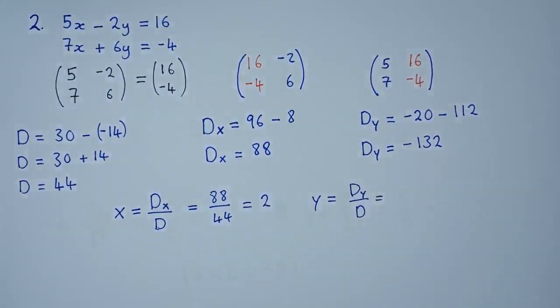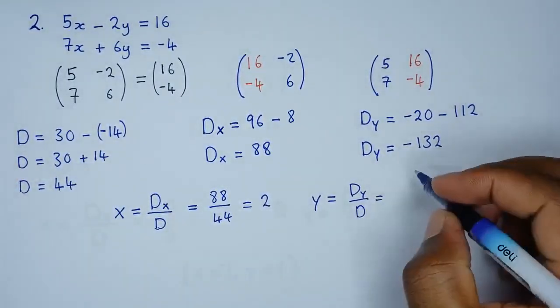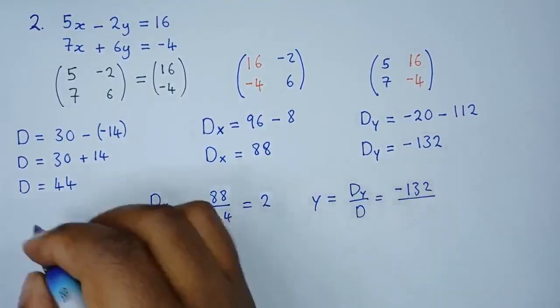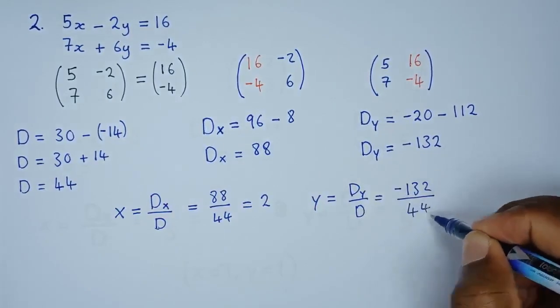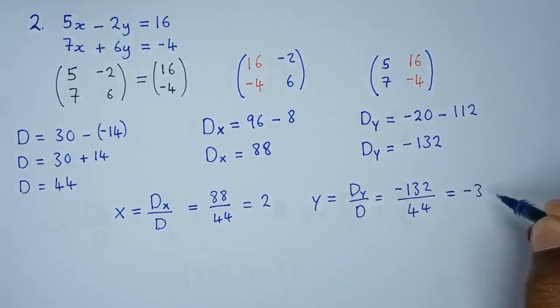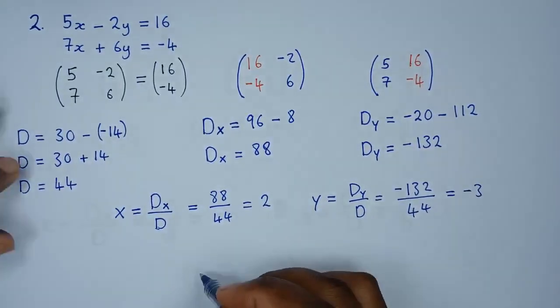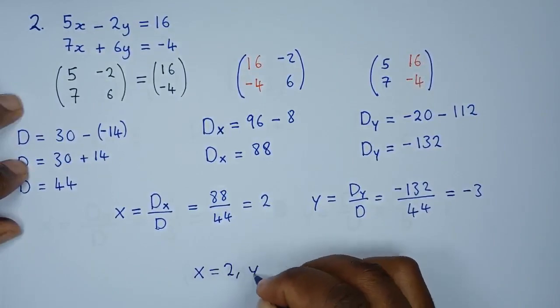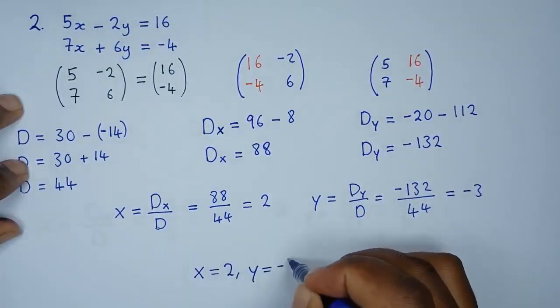The value of dy is negative 132, and the value of d is 44. If we divide, we get negative 3. So that's our solution set. The value of x is simply 2, while the value of y is negative 3.